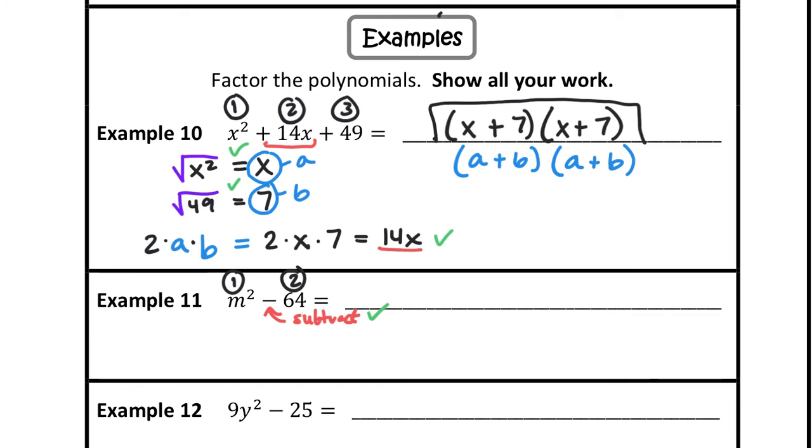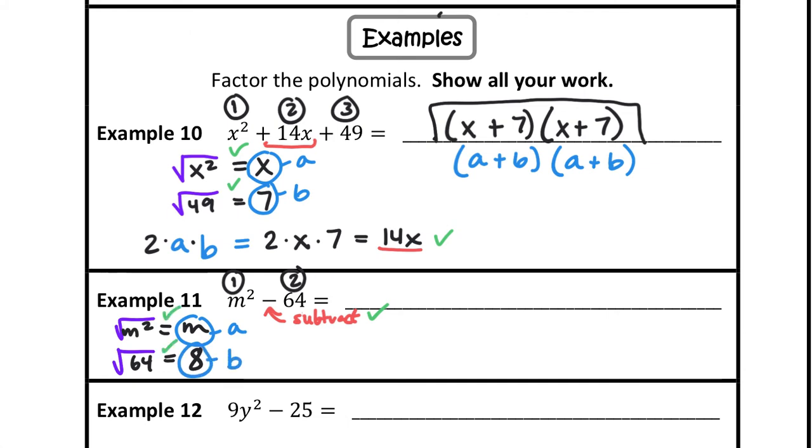Then the next thing is, can I square root the first term, square root of m squared, is m. Can I square root the last term? Square root of 64 is 8. So this is my a and my b.